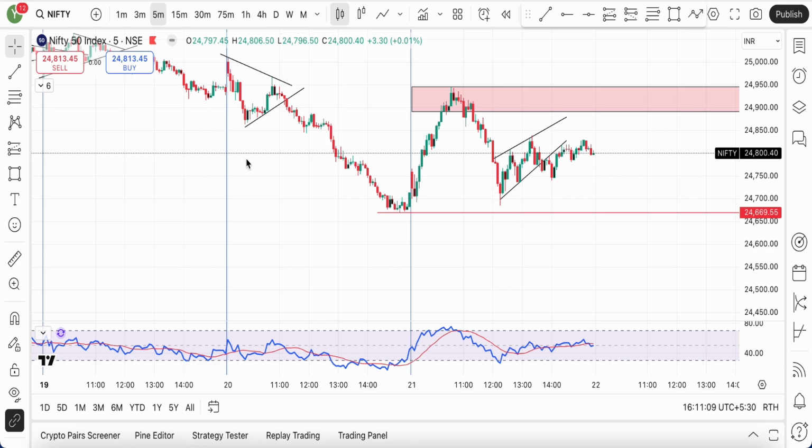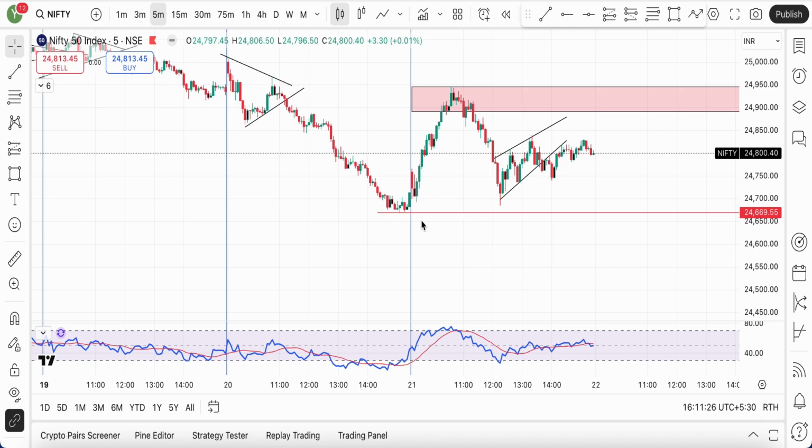So yesterday was a good trending day with a one-sided move in the market. Now, as I had discussed before, post a good trending day, what we get is a sideways day or a day which is full of volatility.